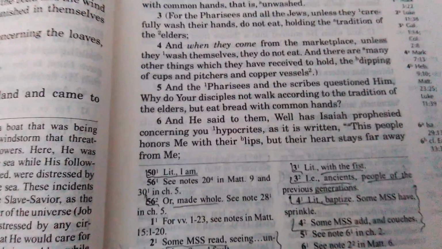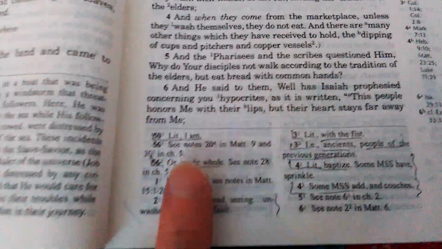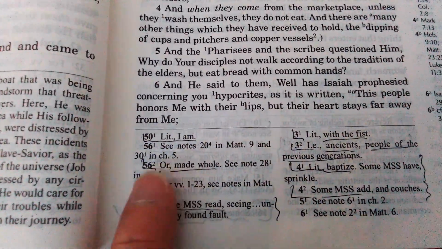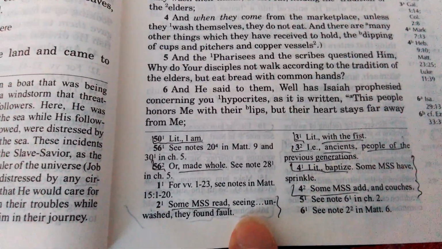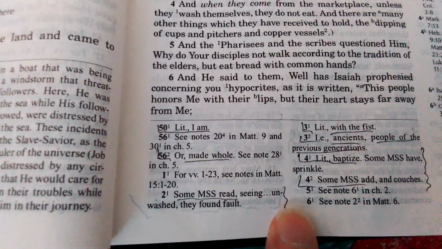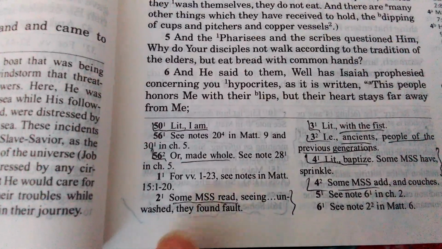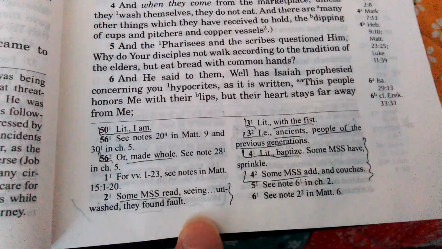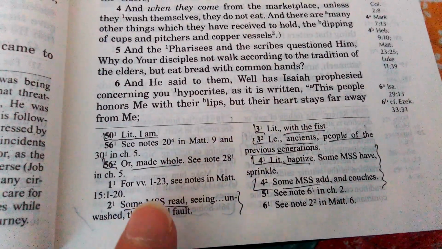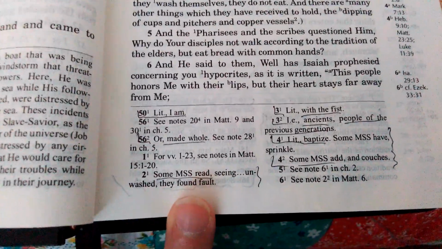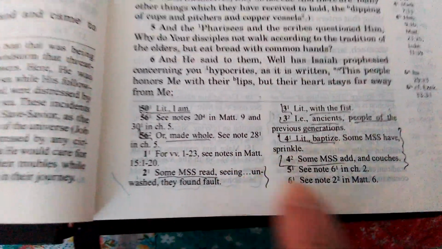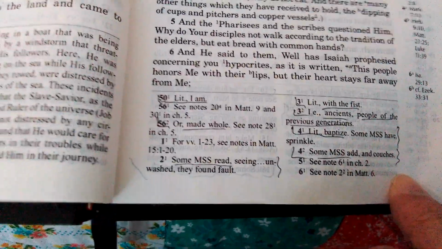And notice this here, literally, I am, and you look that verse up, or made whole, or here. Some manuscripts read seeing, unwashed, they found fault. Now, in many places where other manuscripts say, some manuscripts, I've done the same as with the Dake Bible, and I've underlined it in the same way with those little squiggles around the side.